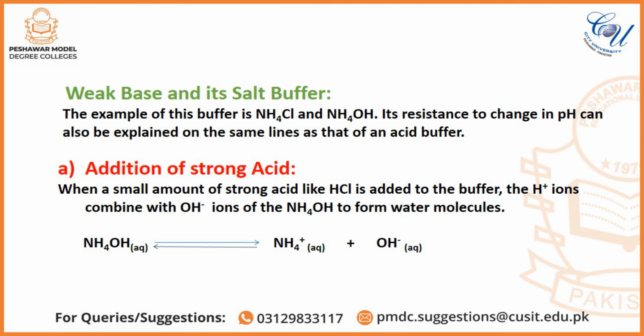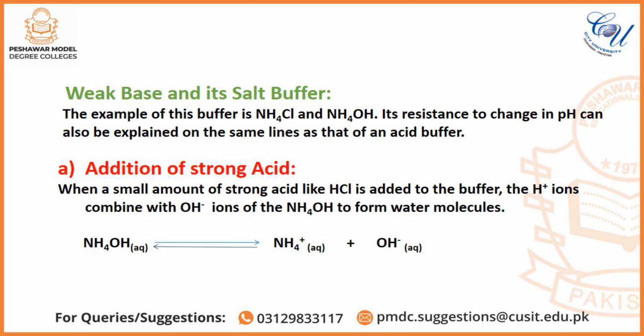Second type of buffer solution, weak base and its salt buffer. The example of this buffer is ammonium chloride and ammonium hydroxide. Its resistance to change in pH can also be explained on the same lines as that for an acid buffer.